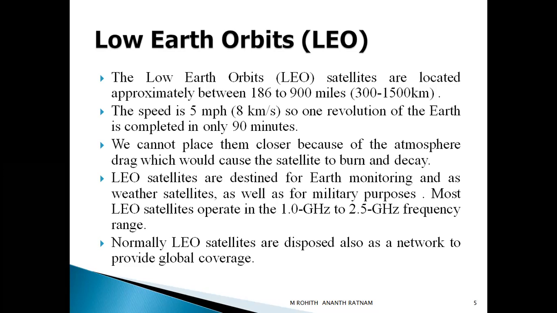When we go with a low Earth orbit, it is about 300 to 1500 kilometers above the Earth, which is the smallest distance orbit. If you keep a satellite in this orbit to rotate around the Earth, that satellite should maintain a speed of 5 miles per second, which means 8 kilometers per second.